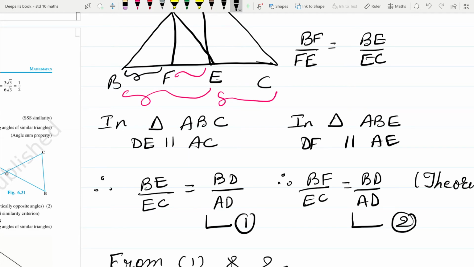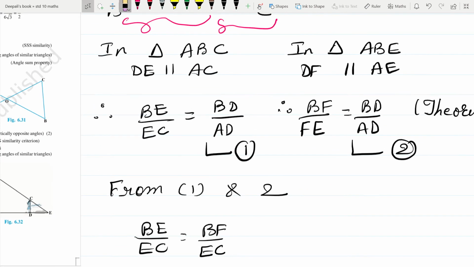To make a bit of correction here, this is BF upon FE.